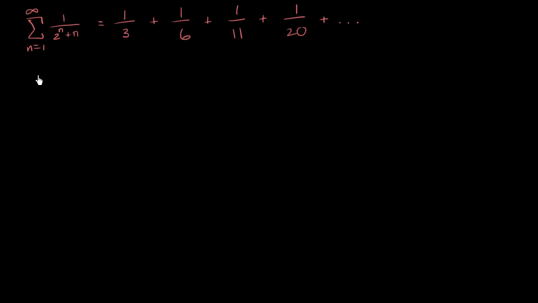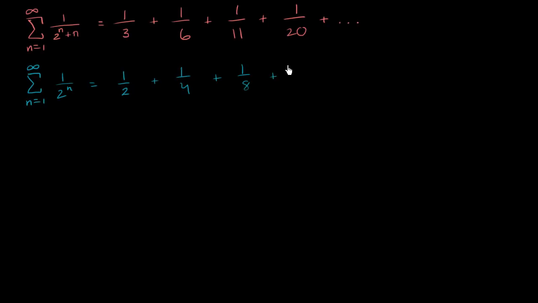So let me just write that down. We have the infinite series from n equals 1 to infinity of 1 over 2 to the n. When n equals 1, this is equal to 1/2. When n is equal to 2, this is equal to 1/4. When n is equal to 3, this is equal to 1/8.